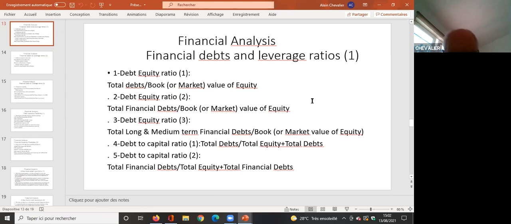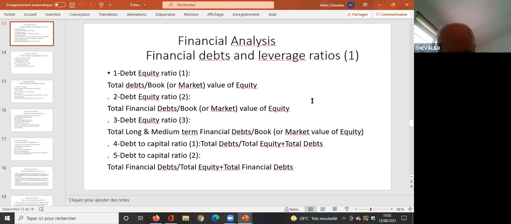This number 3 we use, because if you have a look at the surveys made with many bankers in the world, to the question, what is your limit? What do you accept for total long and medium-term financial debt divided by the book value of equity?